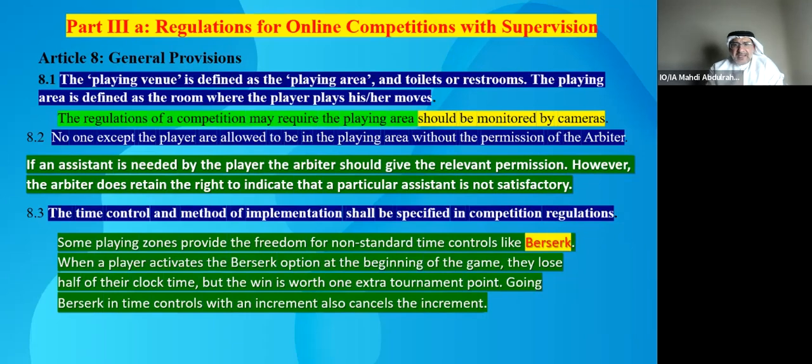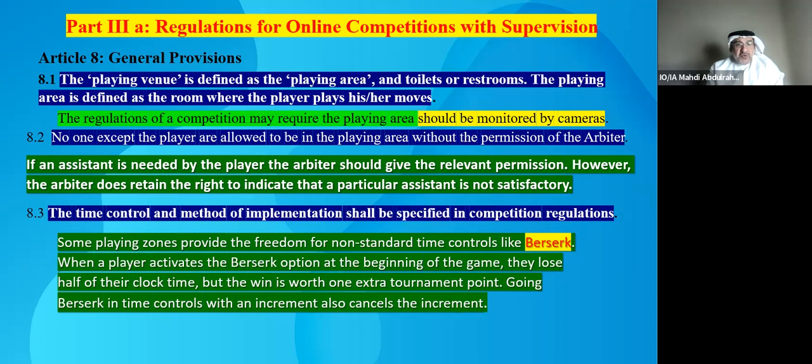But in this case we have to be careful about time control, especially in a blitz tournament, because in blitz you have very short time, like 3 plus 2 seconds. So if you lose connection, it is difficult to come back, because you cannot play.